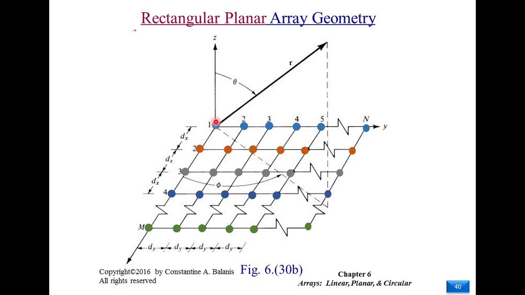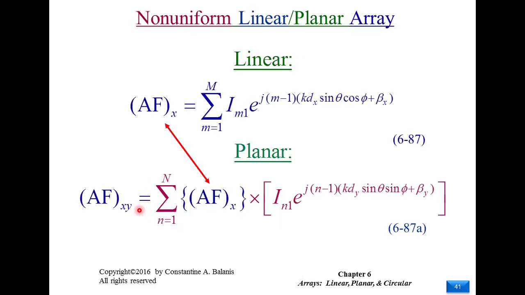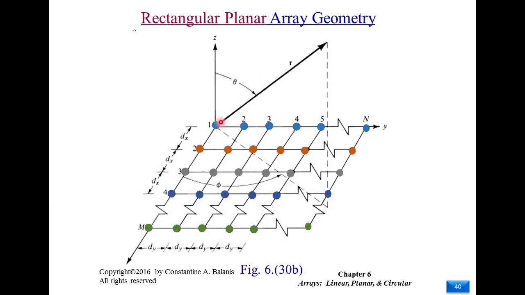So we are talking about the array factor for just this column, the array arranged along the x-axis, for column number 1, where 1 is the y index and the x index is from 1 to M.